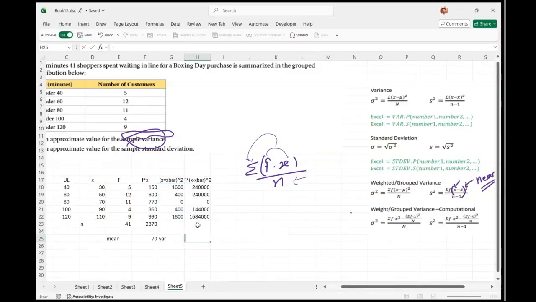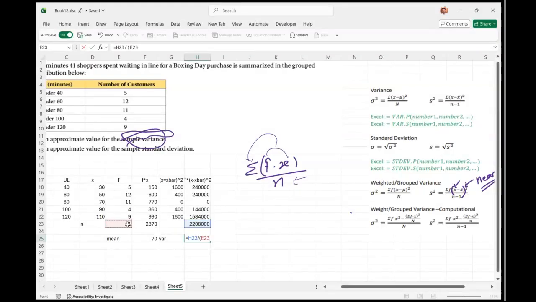Let me first of all sum all the values, equal to sum of all these values, and this is the first part. Now we will calculate the variance equal to this number divided by n minus 1.